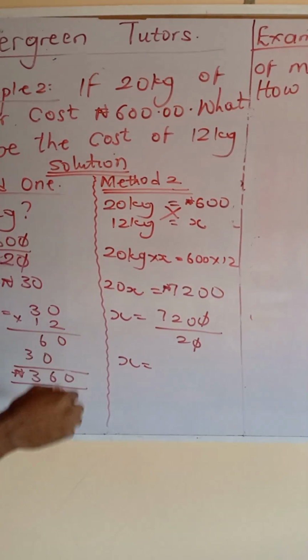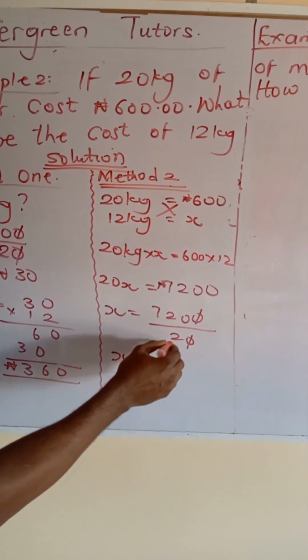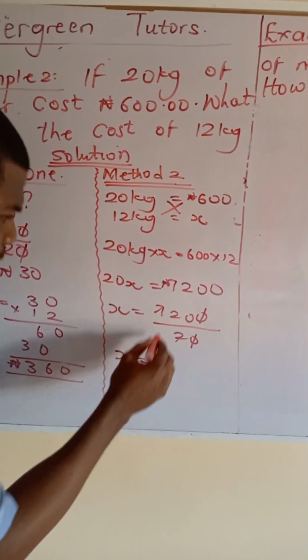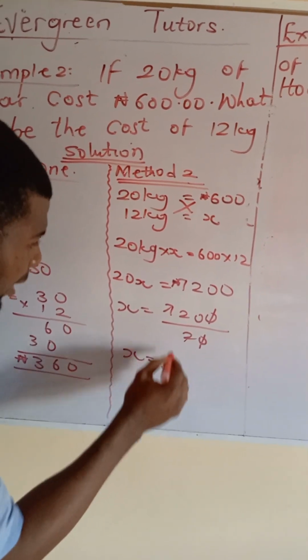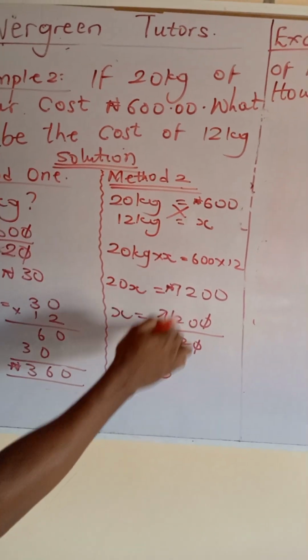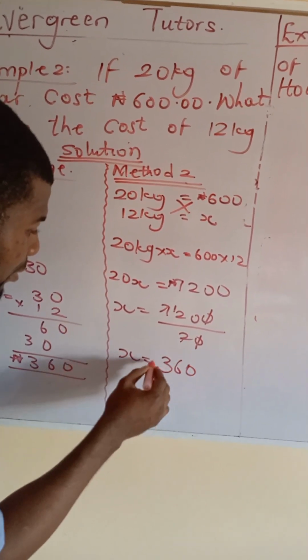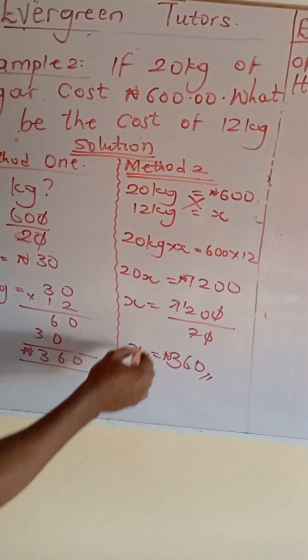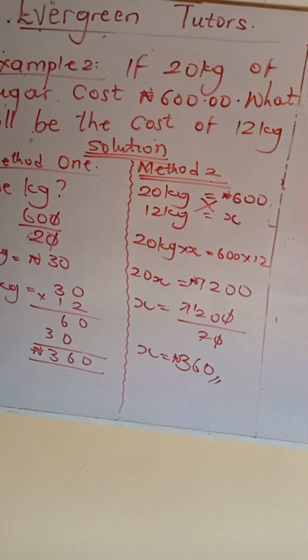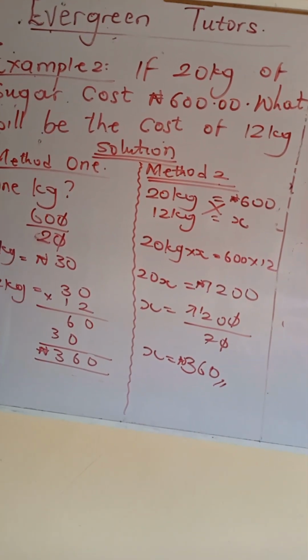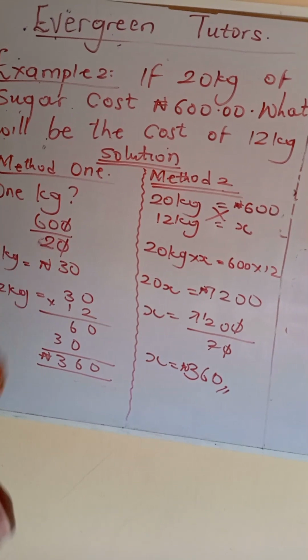Now let's use our short method division. 2 divide 7 will give me 3 remainder 1. 2 divide 12 will give me 6. Bring down your 0. So my x will give me 360 naira, as it is with the first method. I hope you are able to understand this part.